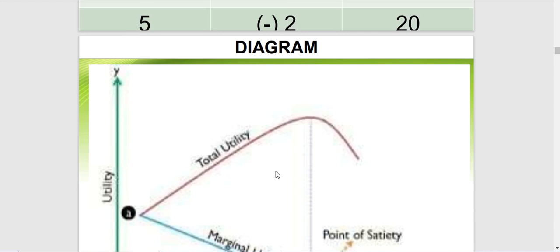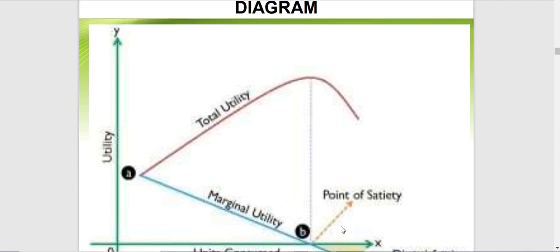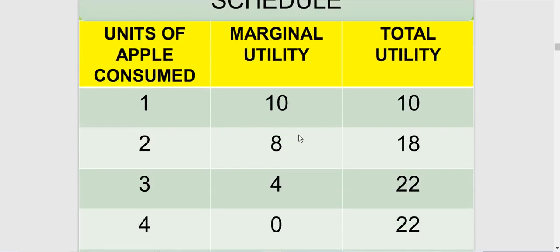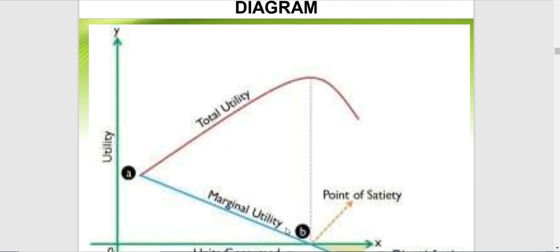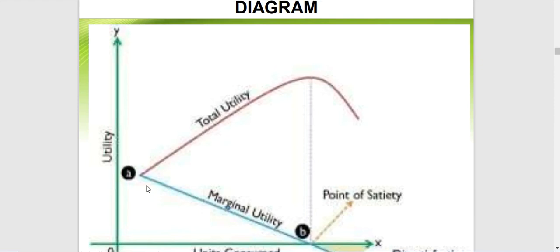This can be shown with the help of the diagrams also. The upper diagram gives total utility and the lower diagram gives marginal utility. We are talking about how marginal utility keeps on declining as successive units of the product are consumed by the consumer. And here we shall see, if we plot this data in the diagram, that total utility is rising, it reaches a particular stage and then it starts falling.